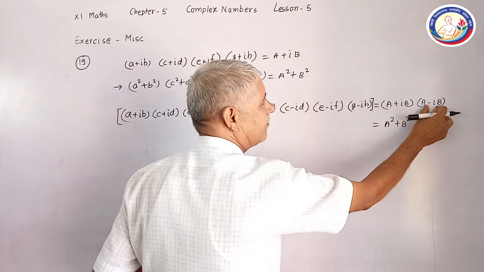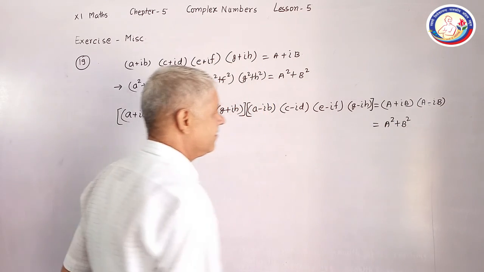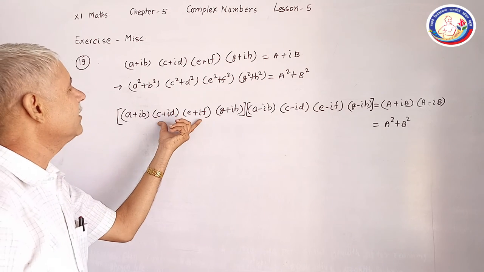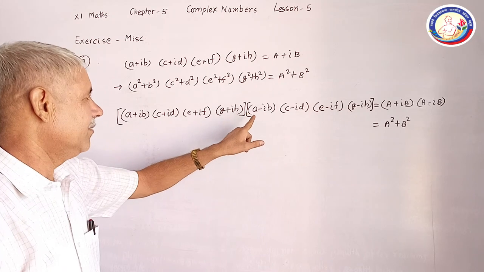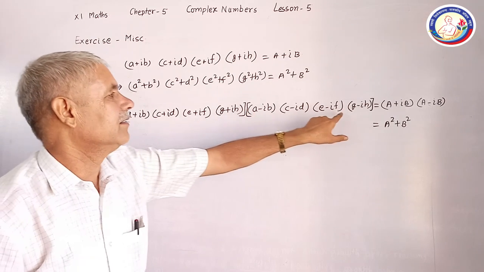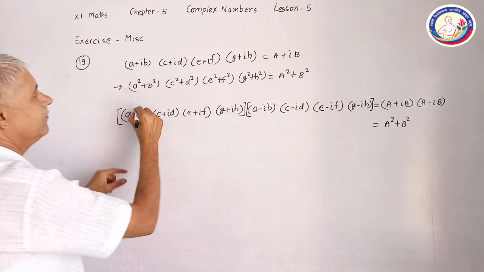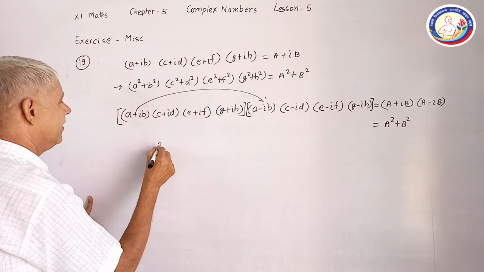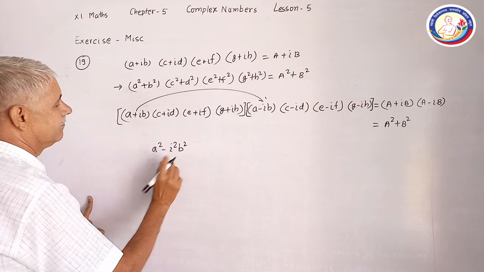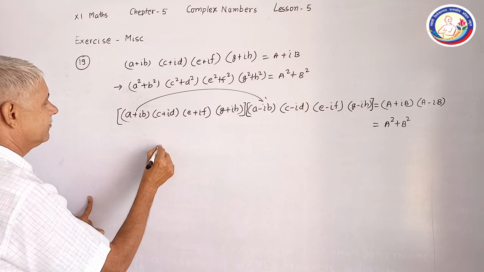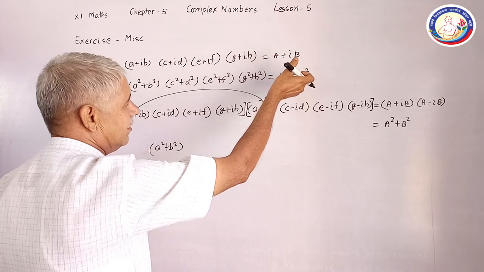This number multiplied by its conjugate will give this result, and this expression, the product of four complex numbers, we will multiply by conjugates of these four numbers. This will give us A square minus iota square B square, and this will be simply A square plus B square. You can proceed and you can have the result.